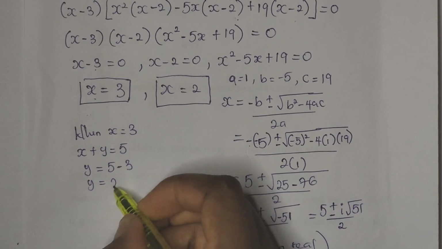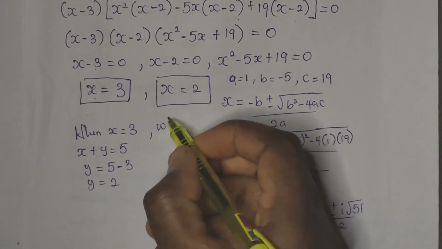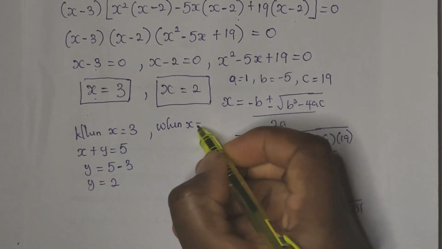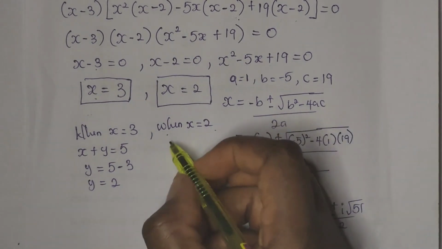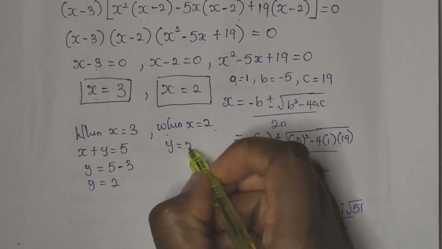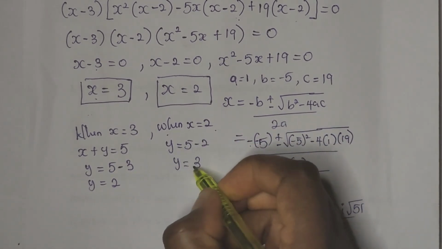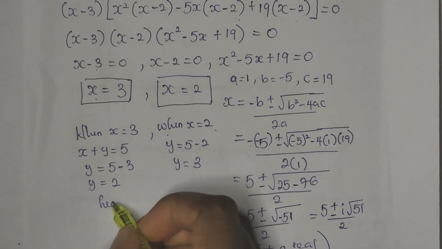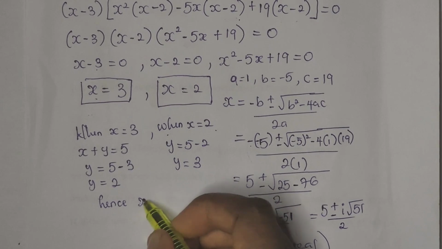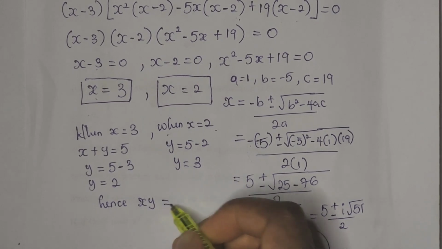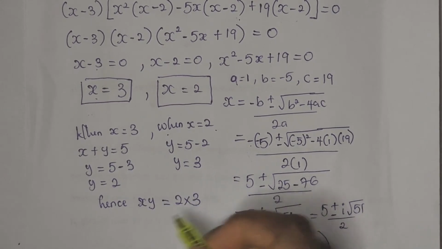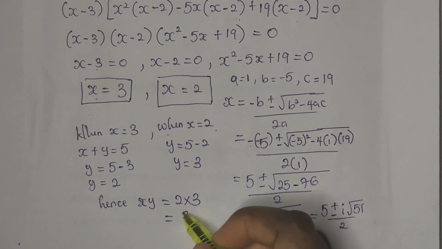So y is equal to 2. And when x is equal to 2, we then have y equal to 5 minus 2. So y is equal to 3. Hence, our xy will be equal to 2 times 3, which is equal to 6.